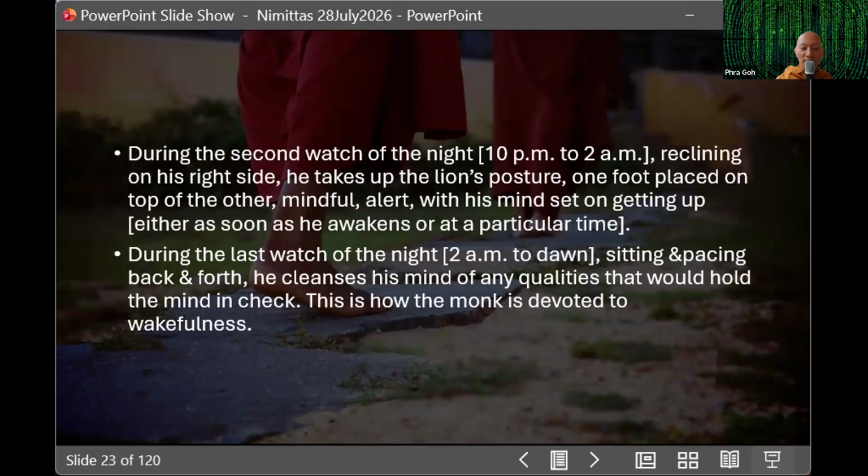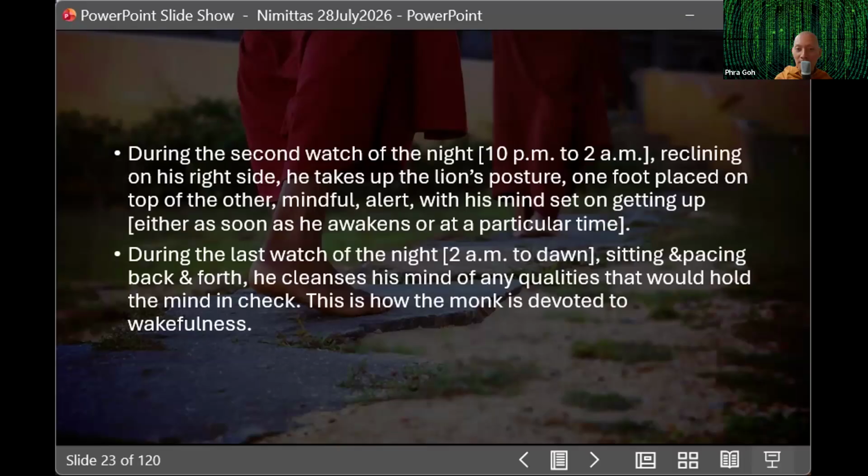During the second watch of the night, 10 p.m. to 2 a.m., reclining on his right side, he takes up the lion's posture, one foot placed on top of the other, mindful, alert, with his mind set on getting up, either as soon as he awakens or at a particular time.